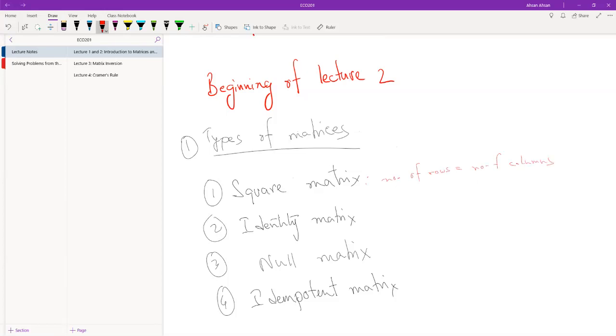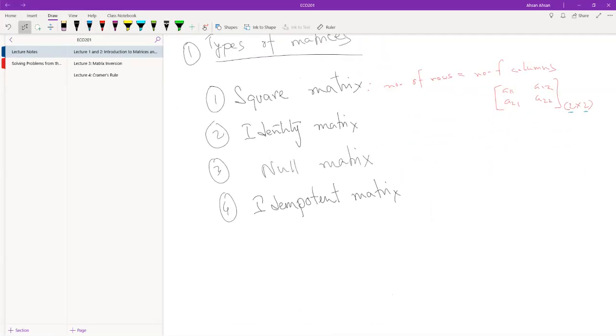So we have seen 4x4 and 2x2 matrices already, where we had A11, A12, A21, and A22. This is a 2x2 matrix. As you see, the number of rows and columns is the same. So you can have a 3x3 matrix, a 4x4 matrix, a 100x100 matrix. It's all square.